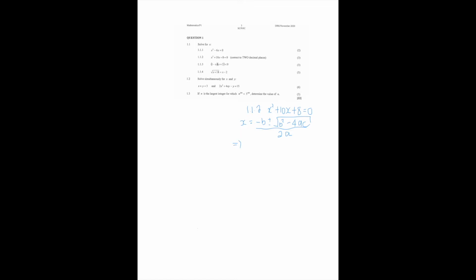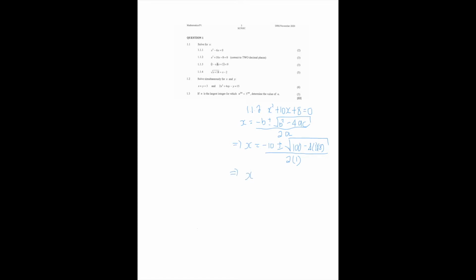So if we substitute the values of a, b, and c based off of what is given in equation 1.1.2, then we can say that x is equal to minus the value of b, which is 10, plus or minus the square root of 10 squared, which is 100, minus 4 times a, which is 1, and c, which is 8, all over 2 times 1.